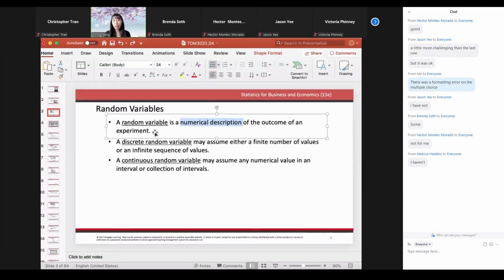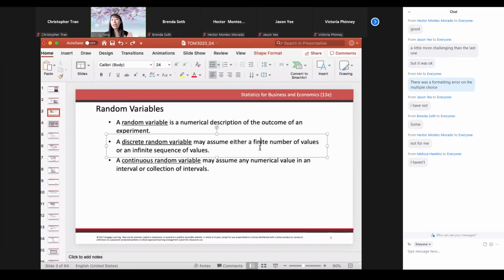For random variables, sometimes people categorize them as discrete random variables versus continuous random variables. A discrete random variable may assume either a finite number of values or an infinite sequence of values, while a continuous random variable may assume any numeric value.